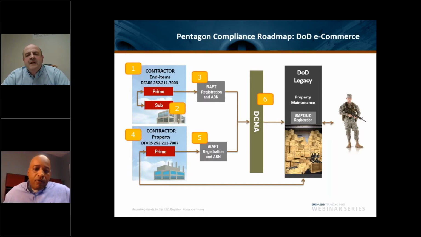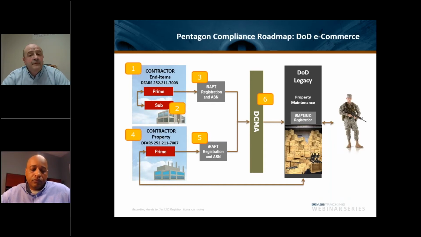Sharrieff, if I could just touch on one more point on the end item side that distinguishes it from GFP and legacy. In regards to the reporting or the registering of end items on acquisition, one key point to keep in mind, I get a question every once in a while, is, well, when can I do the registration for these assets? You cannot complete the registration of an end item until the item has been shipped and accepted by the government.